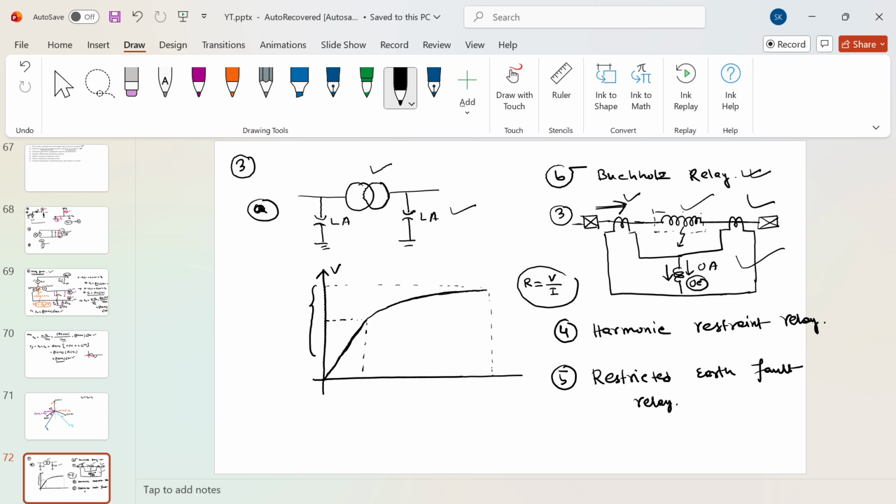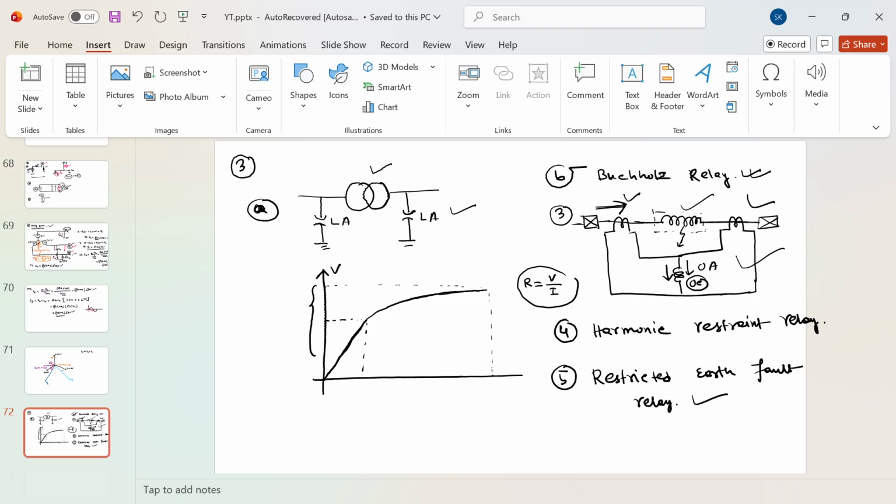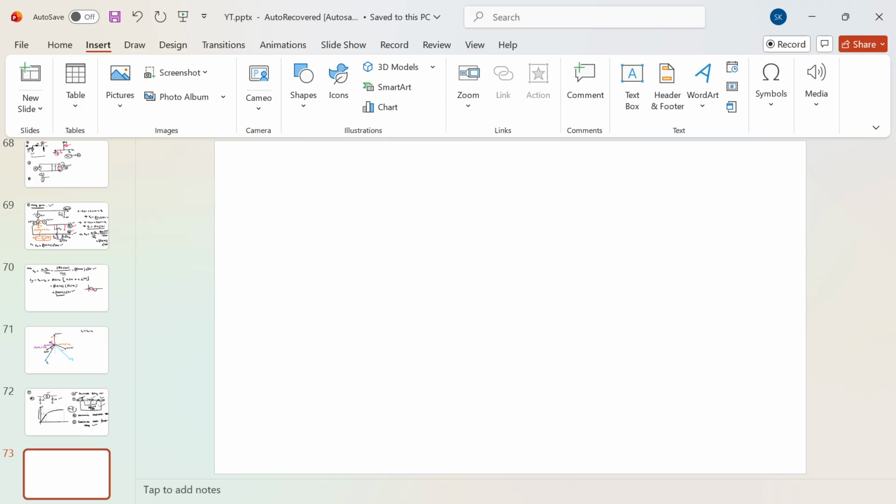It is used against the earth fault that can occur in the transformer winding. This relay is also used in an alternator or a synchronous motor to protect against earth faults.